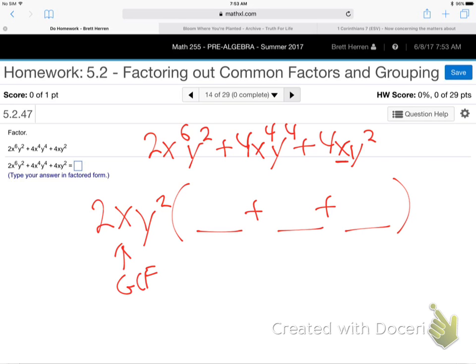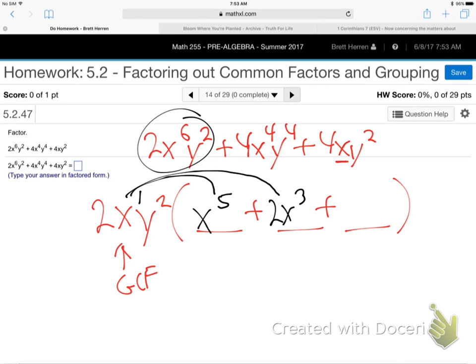So now, how do we know what goes on the inside? Whatever works. 2xy squared times what would go back? X to the 5, because the 1 and the 5 will add to be 6, huh? Good so far? And then the next one, 2 times 2 would be 4, x to the 3rd y squared, right?